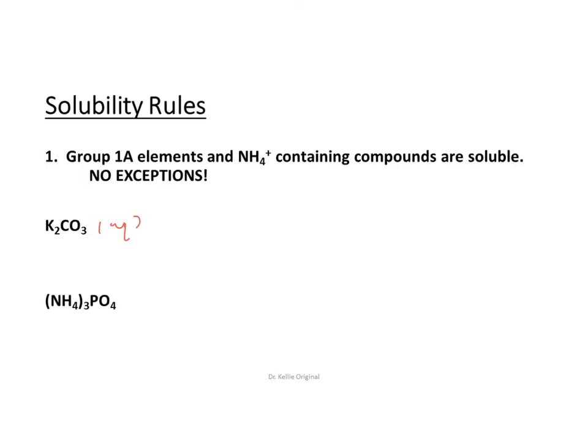Down here, we have another compound. We have ammonium phosphate. Is it soluble in water? Well, we see it contains ammonium, and anything that contains ammonium is soluble in water. So it too would be soluble in water. See, chemistry's easy, life is hard.